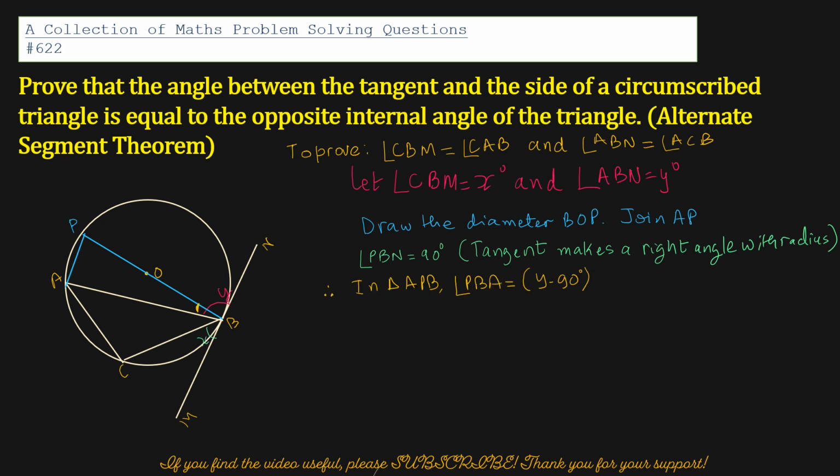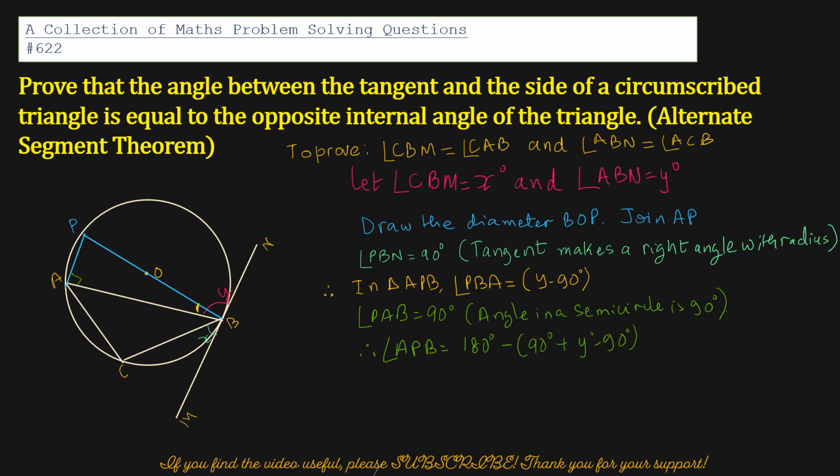The next thing is, in triangle PBA or APB, angle PBA would be y minus 90 degrees, because this thing is 90 degrees and the whole thing is y. So this little angle here would be y minus 90 degrees. And angle PAB would equal 90 degrees, because it's the angle in a semicircle.